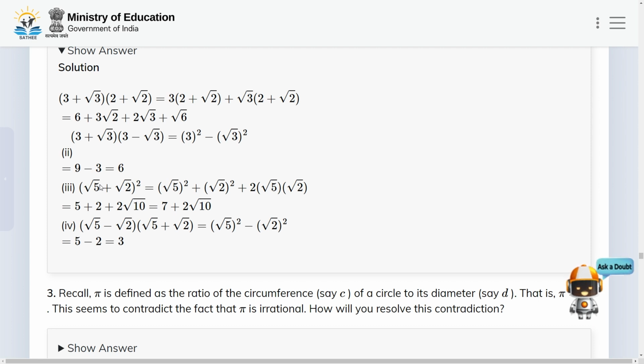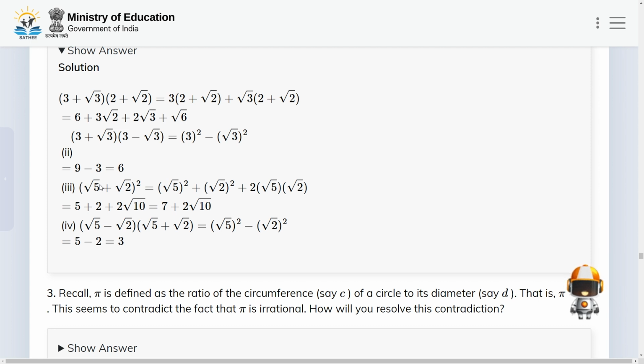Okay, and this is equal to 5 + 2 + 2√10, and this is equal to 7 + 2√10. So (√5 + √2)² is equal to 7 + 2√10.